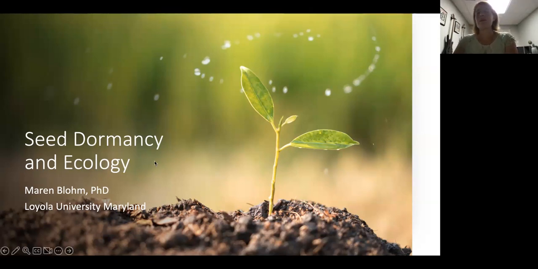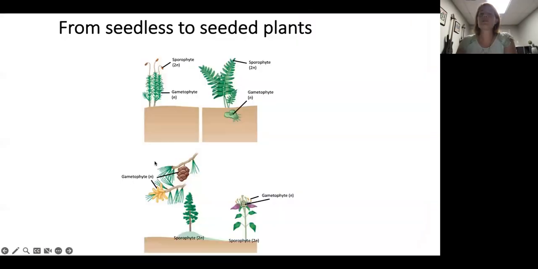So we're going to talk about seed dormancy and ecology. But the first thing we want to talk about is what a seed is and why most plants have them. So here in my picture, I have some seedless plants. We have bryophytes, and they're seedless and non-vascular, so they don't have the ability to transport water through the plant, and they reproduce by spores.